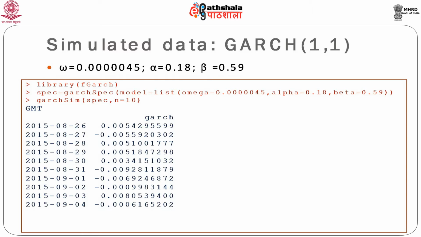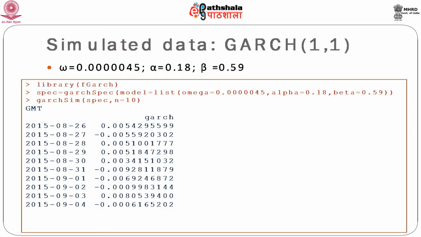Alpha is assumed to be 0.18 and beta is assumed to be 0.59. And then once you set these values, you can call the library fGarch.